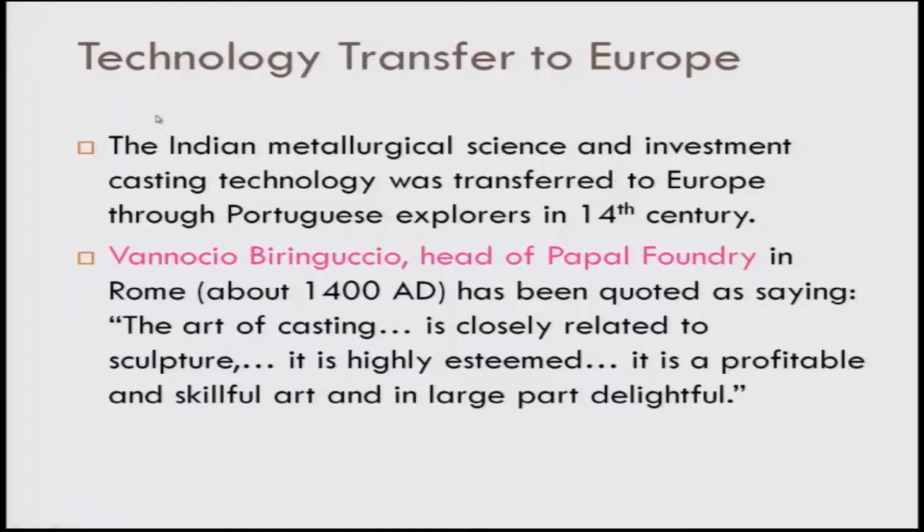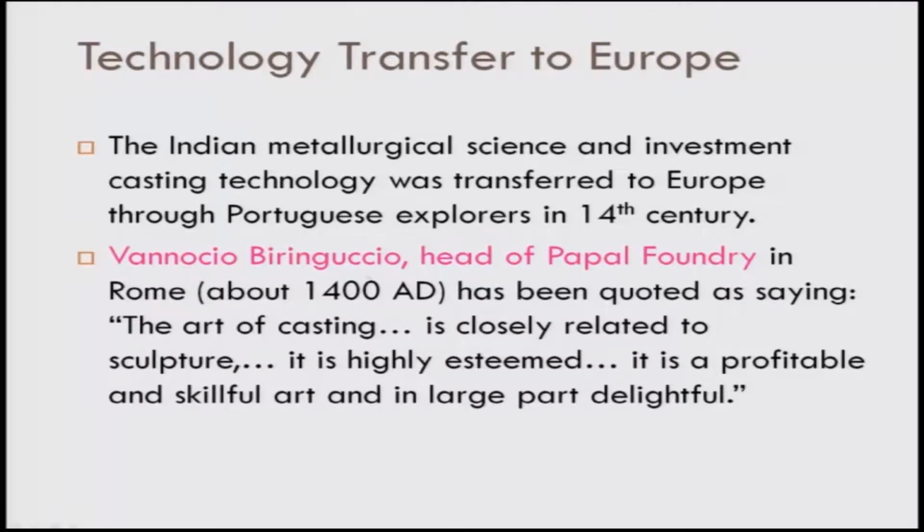So, there is a claim by some of the researchers that Indian metallurgy science and investment casting was transferred to Europe through the Portuguese explorers around 1400 CE. But I am having a little doubt about this thing, however, you can explore it, do not take it as it is, we need to have more evidence for that. Why are they saying this?